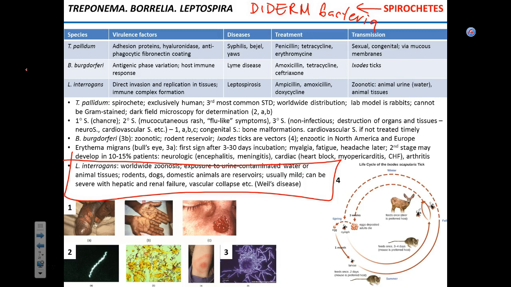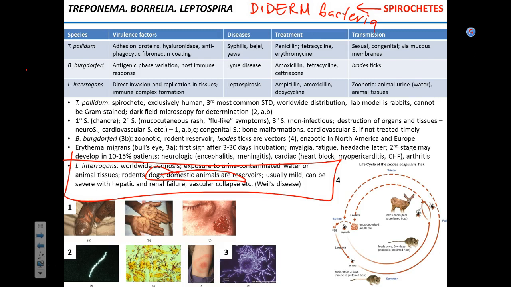Leptospirosis is a zoonotic disease. Okay? When people get exposed to the urine, to the water contaminated with urine, and urine comes from dogs or other domestic animals, then the person can develop leptospirosis.